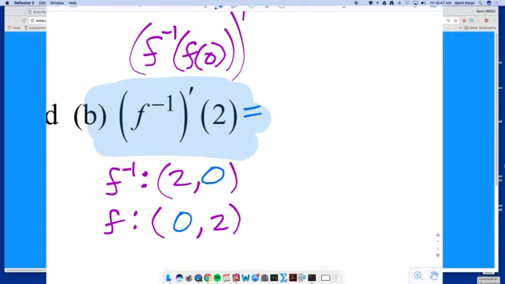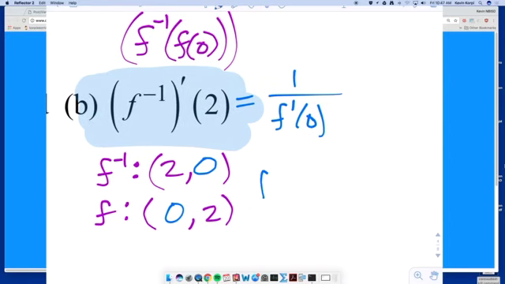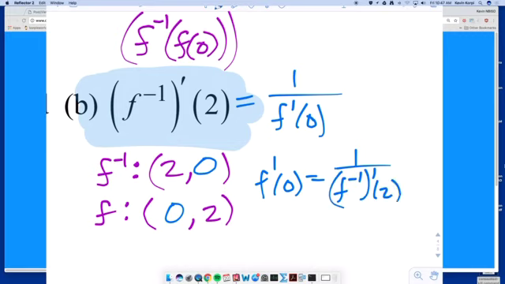F inverse prime of 2 is 1 over f prime of 0. And for what it's worth, f prime of 0 is 1 over f inverse prime of 2. Inverse functions at corresponding inputs have reciprocal derivatives, right?